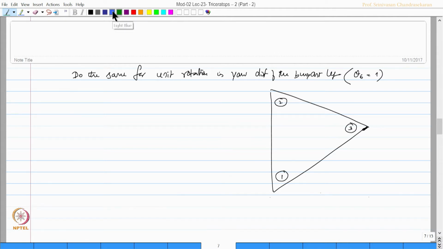Let us now draw the new position by rotating it. Let us say I rotate by some angle at the CG.